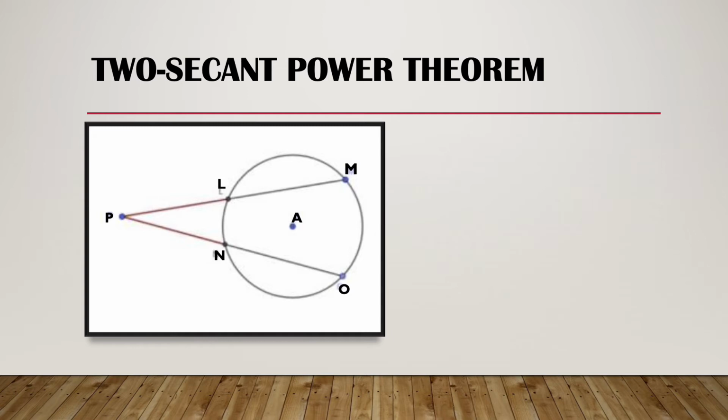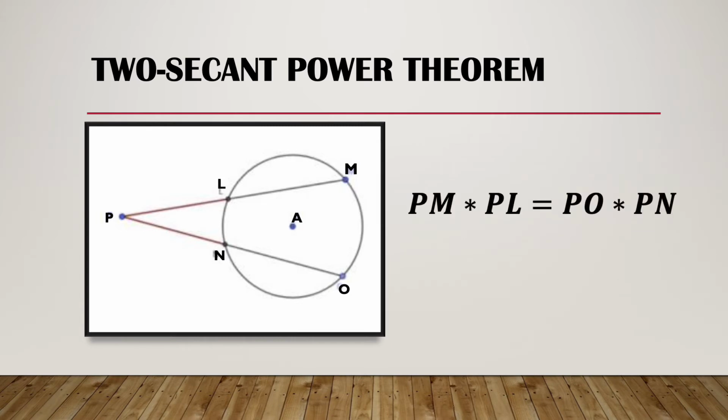The external secant segments are PL and PN. Again, the external secant segments are the parts of the secant that are outside the circle.